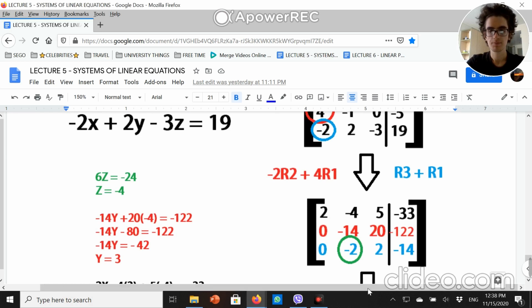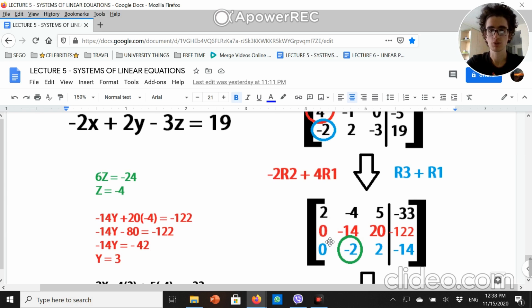Good. Now there's only one other that we need to take care of, and that's negative 2 here. We need to do something with it so that we have 0. And there's a little rule. When you have this one here, that last 0 that you have to get, always focus on row 2 and row 3. Don't work with row 1 in that case. And always try to follow these steps that I did.